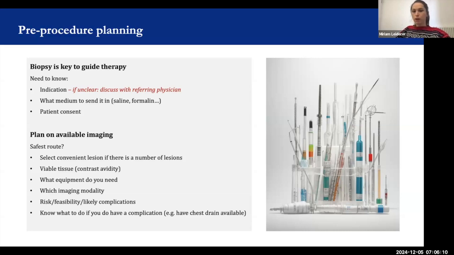There's no point in doing a biopsy just because you're interested in what something might be, or just to confirm a diagnosis that is actually confirmed already.